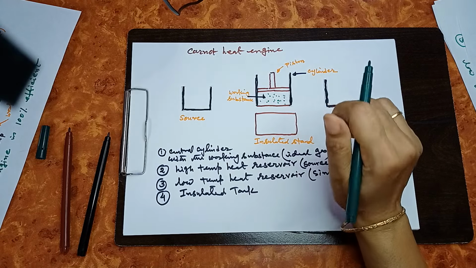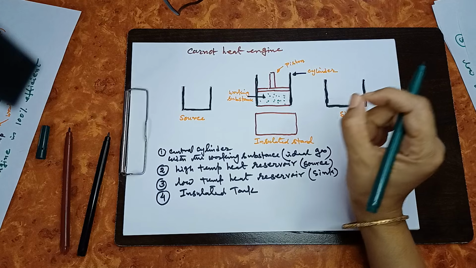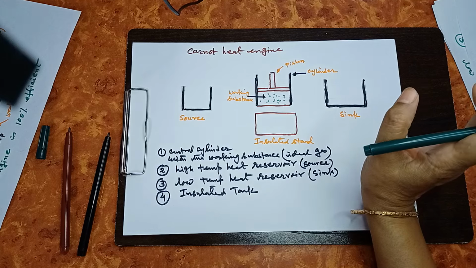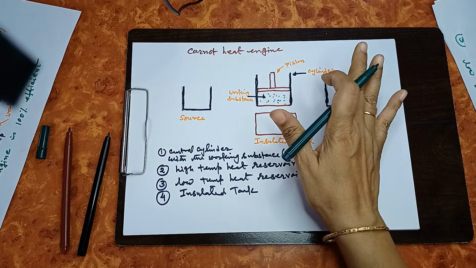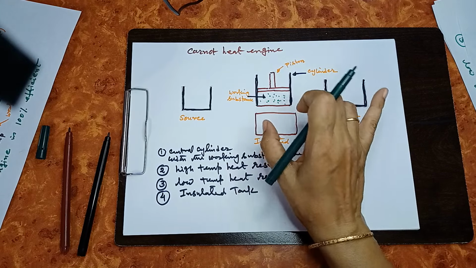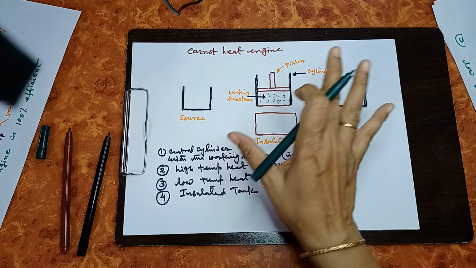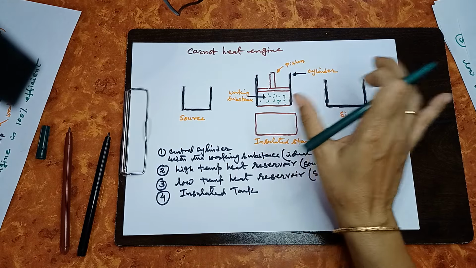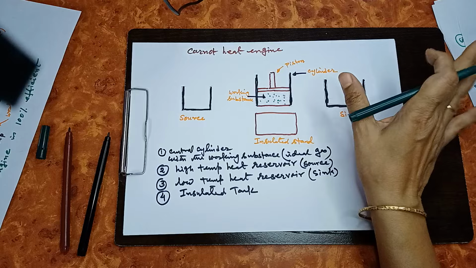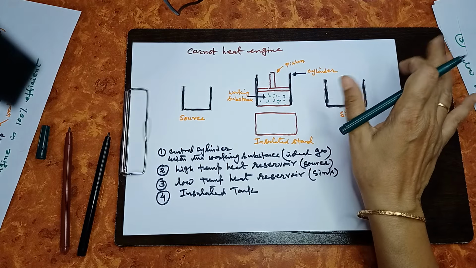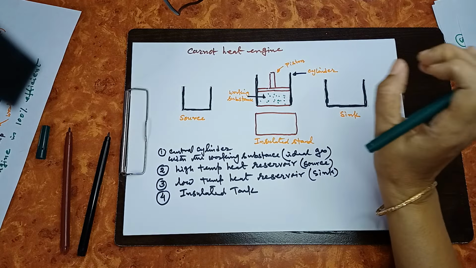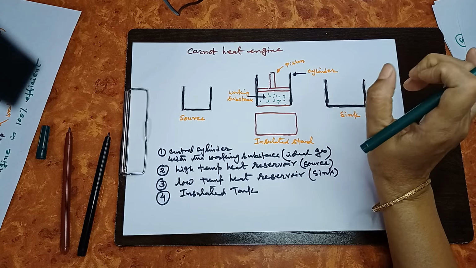Reversible steps cannot be carried out practically because the steps are very slow. But still, Carnot cycle would give an idea about the efficiency of that heat engine. Theoretically, you can calculate the maximum efficiency, because you know work done in a reversible process is maximum, and in Carnot cycle all the steps are reversible. So that idea we get from this Carnot cycle.